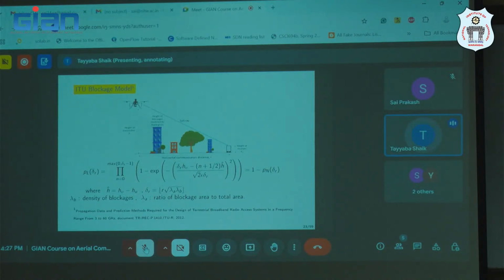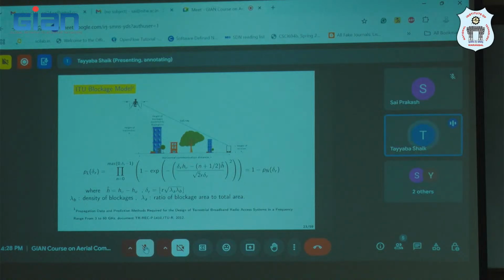with some probability this link is line of sight, or with some probability this link is non-line of sight. So P_L of delta R is that probability with which the link can be in line of sight. It is a function of many parameters like the height of the transmitter, the difference between the heights, and lambda A and lambda B, which correspond to the blockage density. Blockages as in the building densities, and lambda A corresponds to the ratio of building area to the total area.